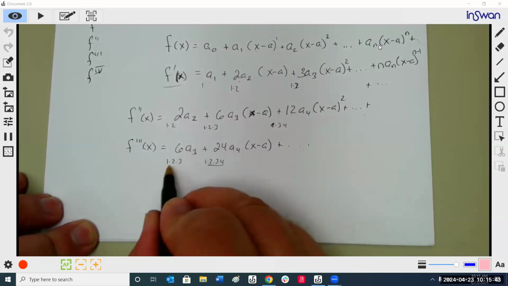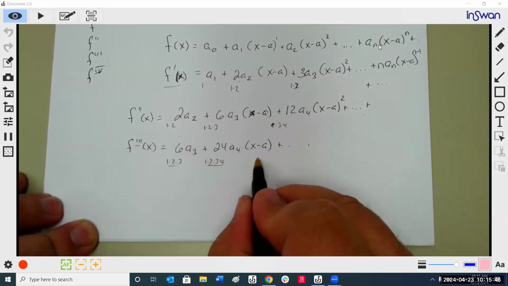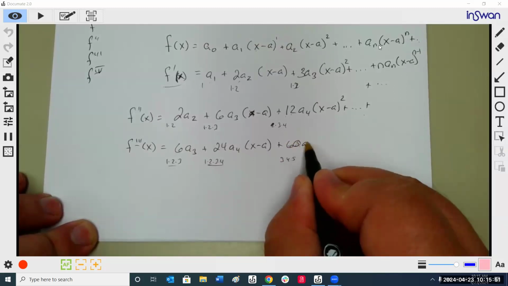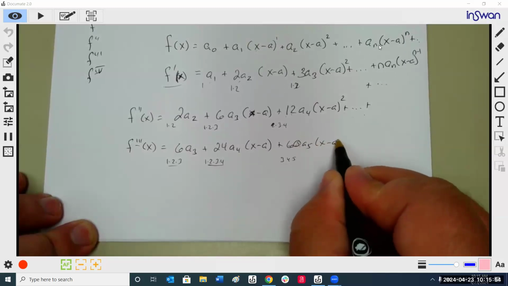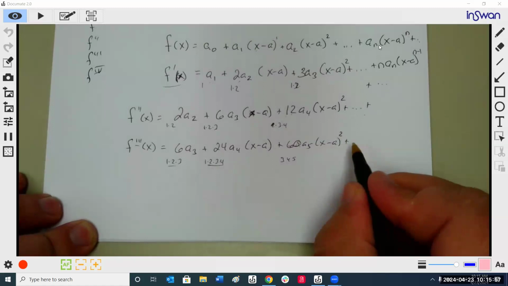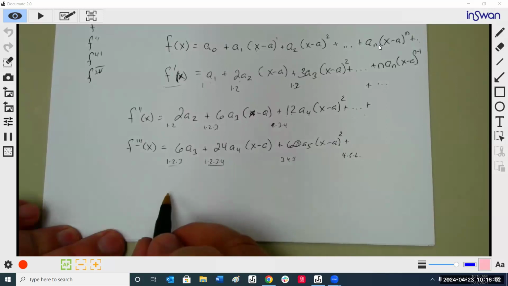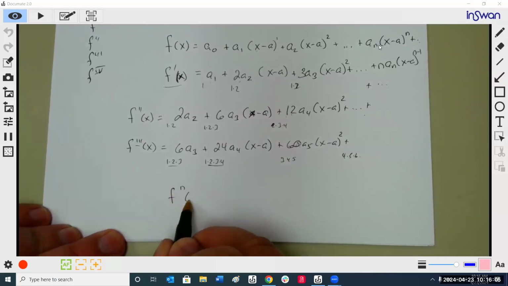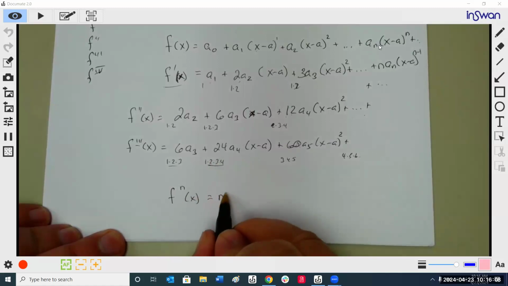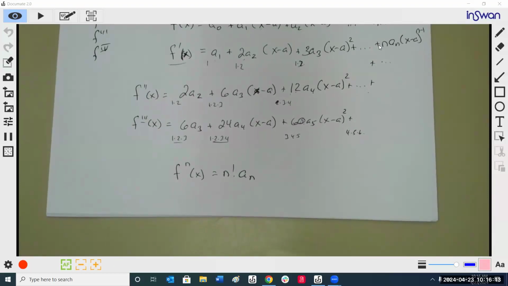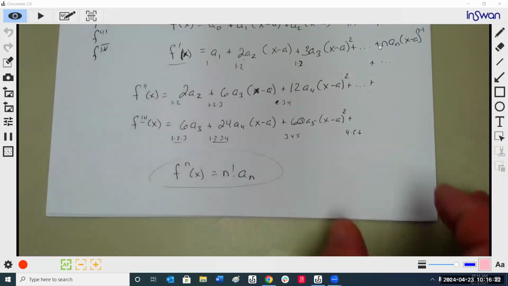Actually, that's only a series of 3. This is the third derivative, so the next one is going to be 3, 4, 5, so that's 60 a sub 5. And then 4 times 5 times 6. What we're looking at is that the nth derivative will simply be n factorial times our nth term. So we can predict those.